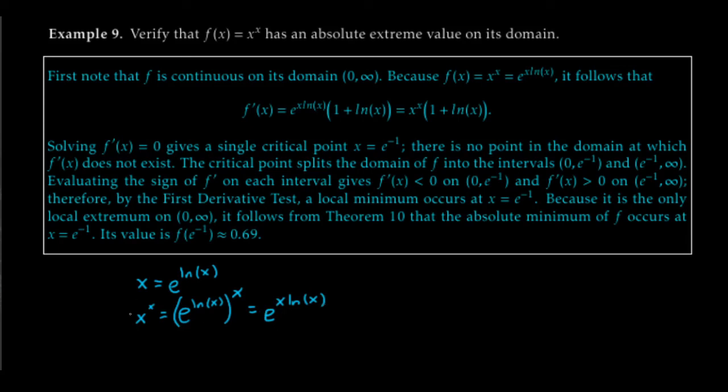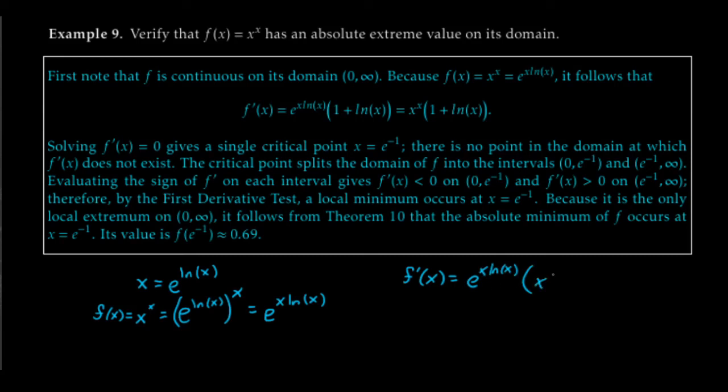So this is my function, f of x, and I can rewrite it as e to the x natural log of x. So if I take a derivative, f prime of x, I'm just going to apply the chain rule. The outside function is e to the x. The inside function is x natural log of x. So I'll get e to the x natural log of x times the derivative of x natural log of x.